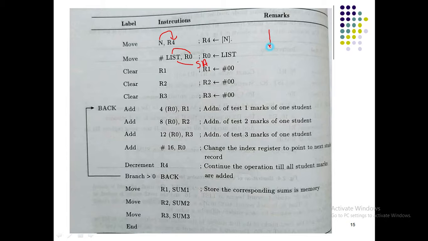If I want to read a list, I should know the first address where it is. So this first address of the list is stored in a register R0.